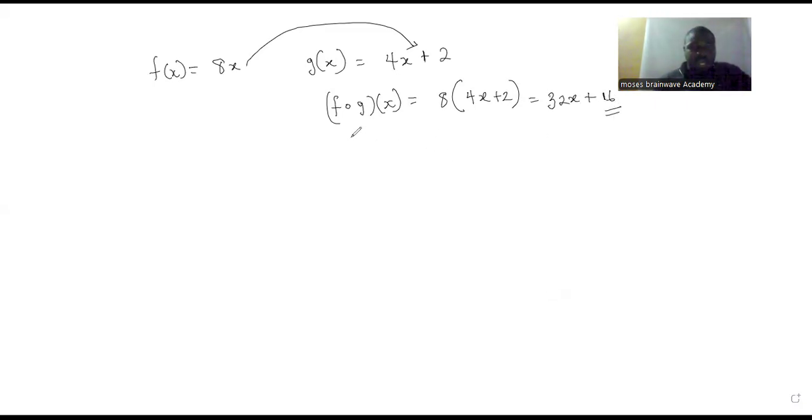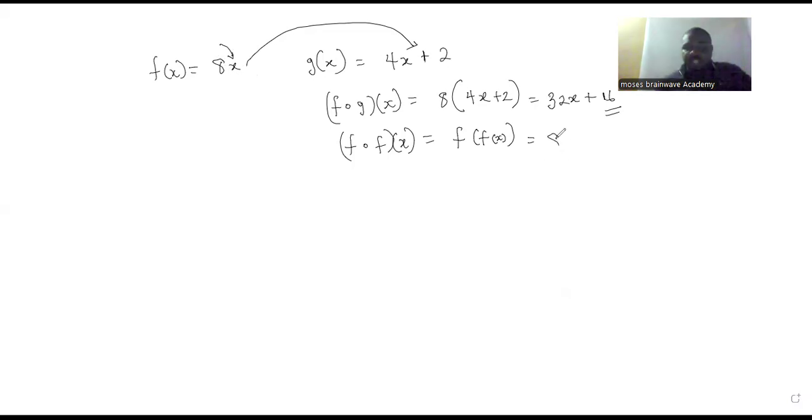Now, what if they ask you to get f of f? Now, it becomes tricky, but it's simple, right? All I'm saying is f of x, which means I'm going to go to f. Instead of putting x, I'm going to repeat the whole f of x.